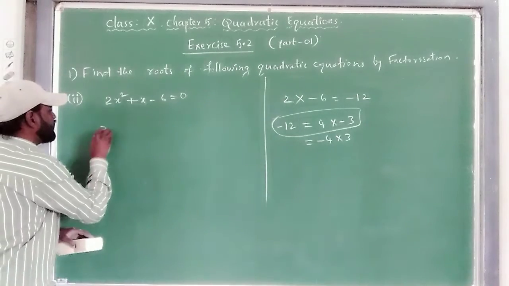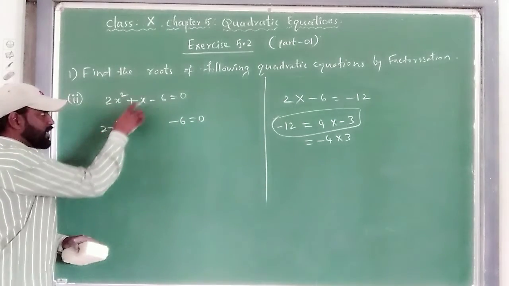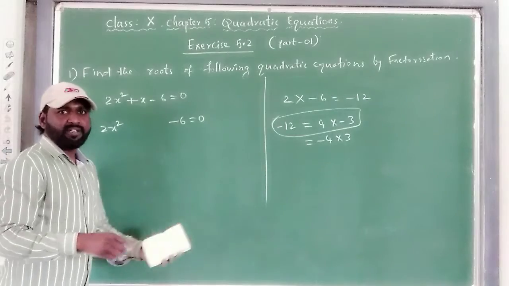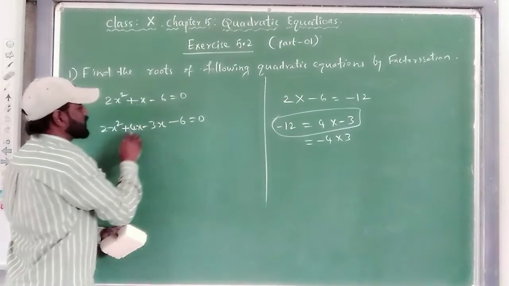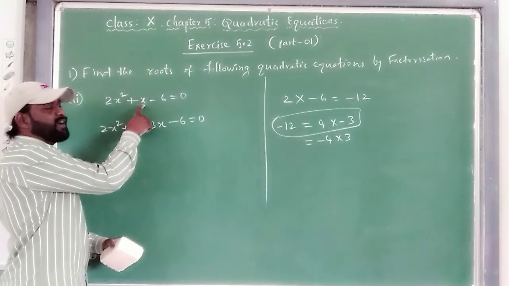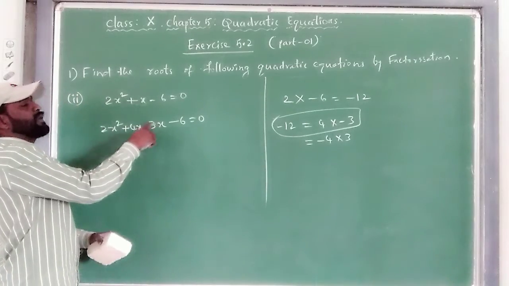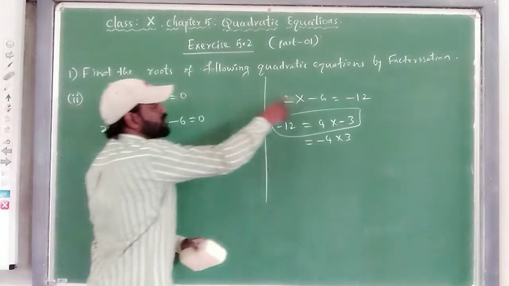Only the middle term we are writing as a sum of two different terms. Plus 4x minus 3x is equal to plus 1x, which is our middle term. Plus 4 into minus 3 is minus 12, which is the product of the quotient of x square and the constant term.